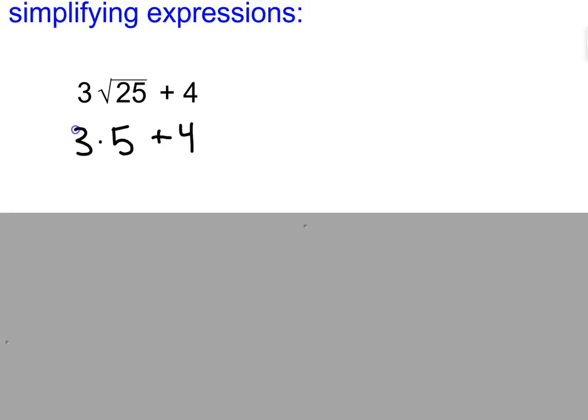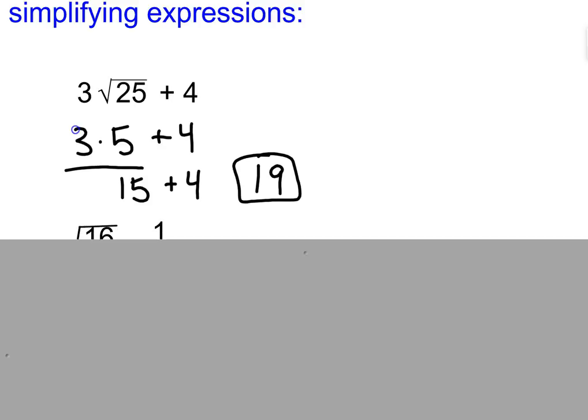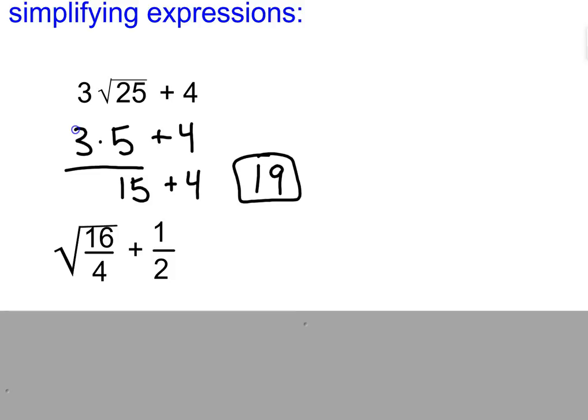Then you move on past that to exponents and multiplication, division. This becomes 15 plus 4, and our solution is 19. So that is one simple way of using square roots in our expressions. So make sure you do the square roots before anything else if they are in your problem.